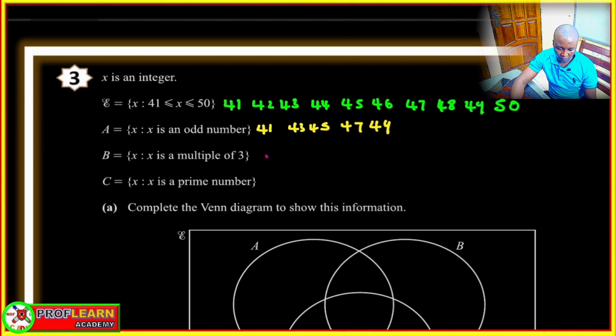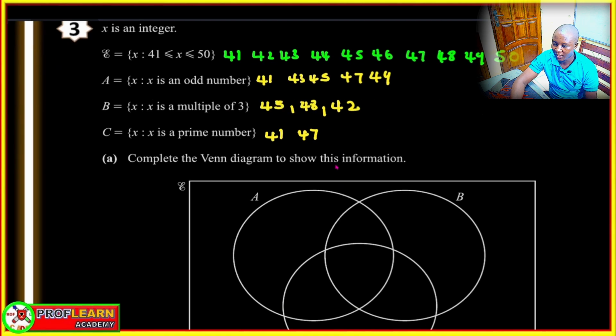Then multiples of 3. Multiples of 3, we are going to have 42, 45, and 48. Then we have prime numbers, 41, 47, and 43.